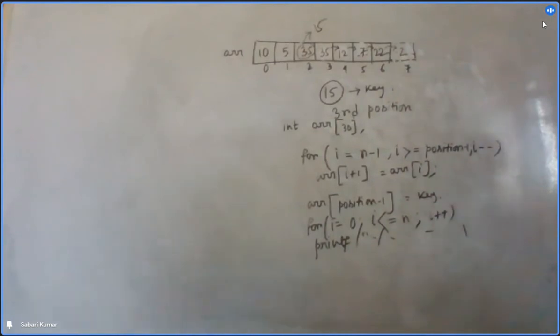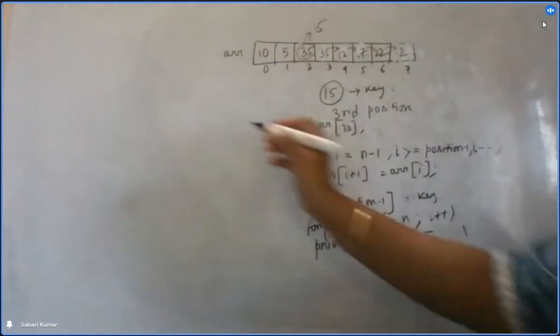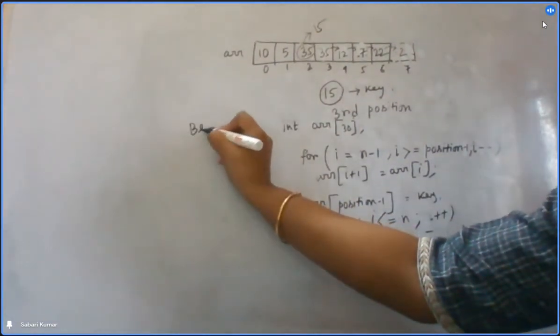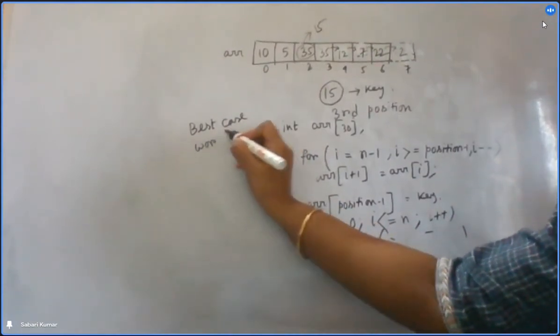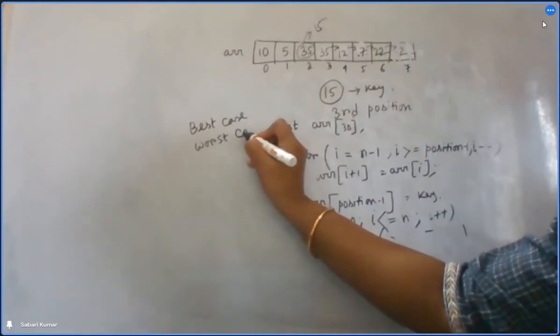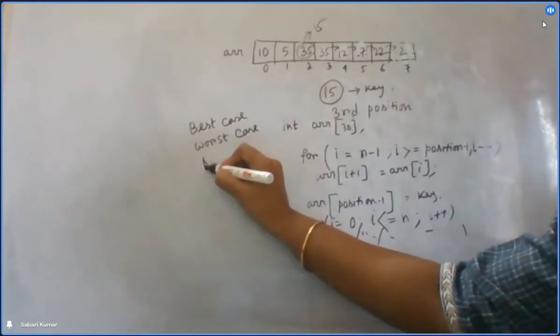Now if we are talking about the time complexity of this specific algorithm, what will it be? Three cases will come in this scene. First one is best case, second one is worst case, third one is average case.